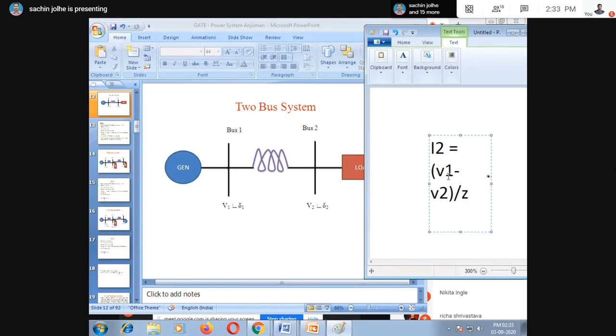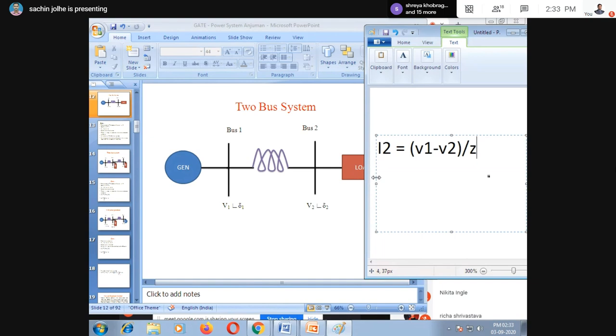Okay. So what is the voltage? And what is the current? The current is given by this formula: V1 minus V2 divided by Z. It is such a simple formula that we are using. Okay. So now if I want to calculate I2, I have to do this.